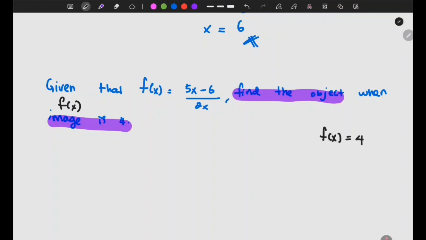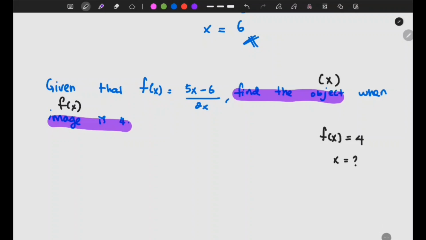I keep saying this from the beginning of the video, but never mind, let me say it until you understand and remember. Let this stick in your head. And your object is x. Because they keep using the same words, I don't want you to forget that and get confused. They say f(x) is 4, find the object. So find the object means you're looking for your x.